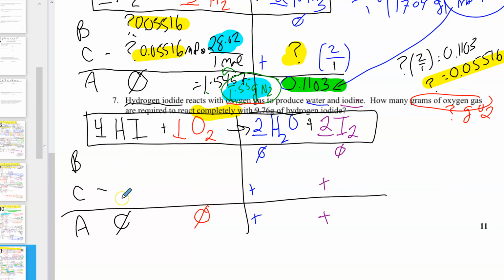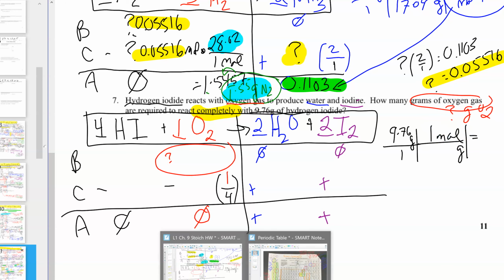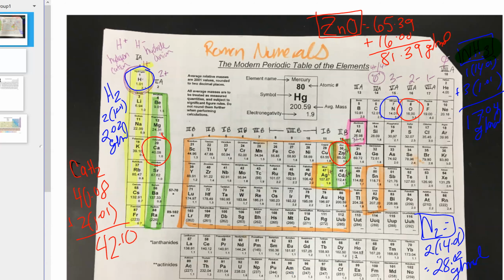So I'm going to have some number of hydrogen iodide. That's the coefficient I'm going to get from the 9.76. And I'm going to be using up that same number times the ratio of oxygen to hydrogen iodide. What I'm trying to solve for is this number right now. Okay, so 9.76 grams of HI over 1. We want to get rid of grams, and we want to go to 1 mole. That means we've got to go to the periodic table. So let's find HI. Okay, H is right here.